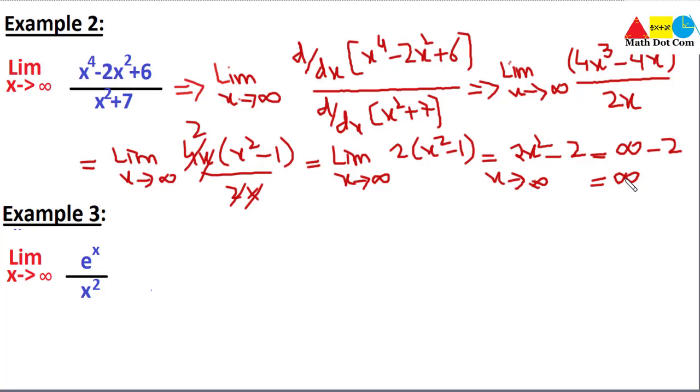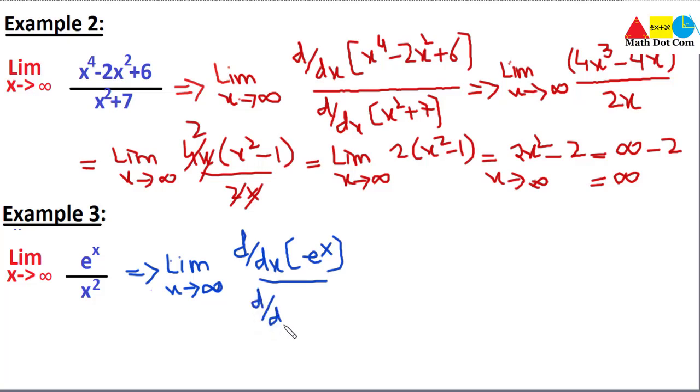Let's have one more example where we have an exponent in the question, and let's see how we can resolve it. So we can resolve it as limit x approaches to infinity, taking the derivative of the numerator and denominator, d by dx of e raised to power x divided by d by dx of x square.